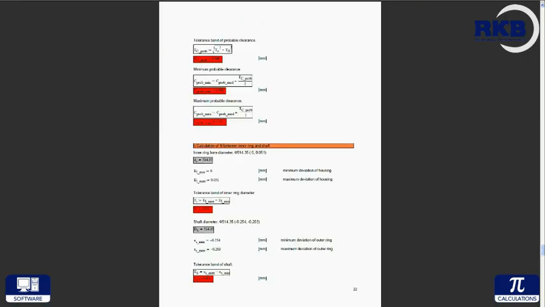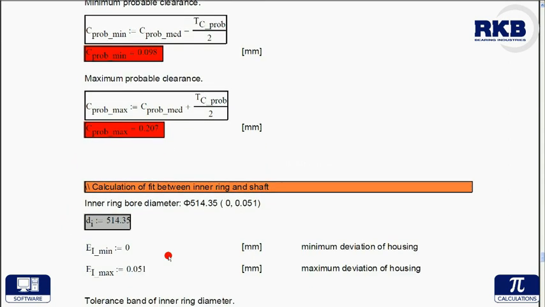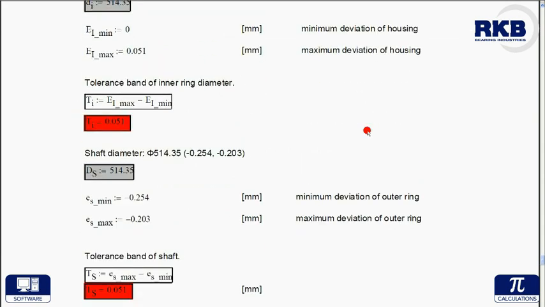Assumption of a scrap rate of 0.27% was adopted to perform the calculation of the tolerance band of the probable clearance and the range between the minimum probable clearance and maximum probable clearance. Afterwards, the same calculations were applied to the fit inner ring and shaft.